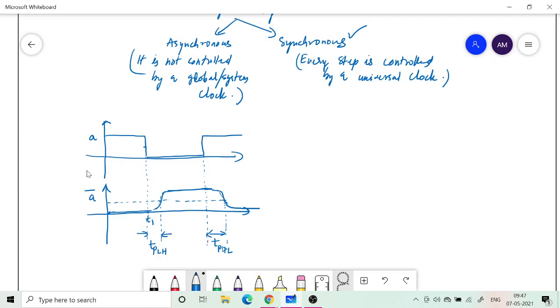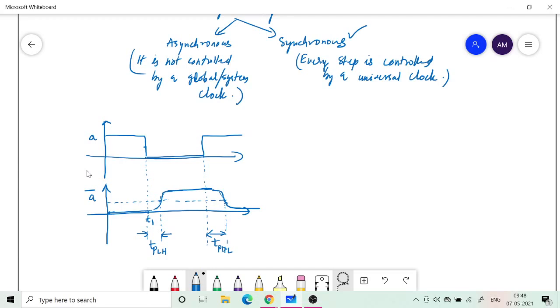It depends on the technology, the gate, and the components. These values are usually in nanoseconds, or sometimes picoseconds for faster digital circuits. It depends upon whether you are doing a TTL circuit or a CMOS circuit, so this delay will vary. They need not be equal.